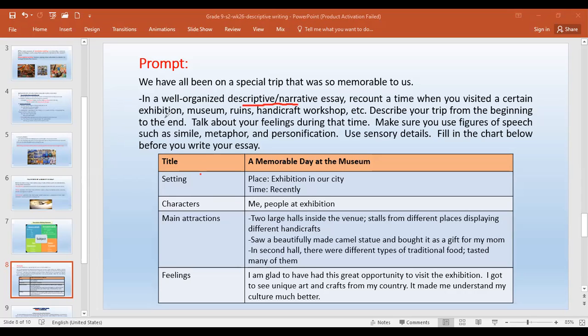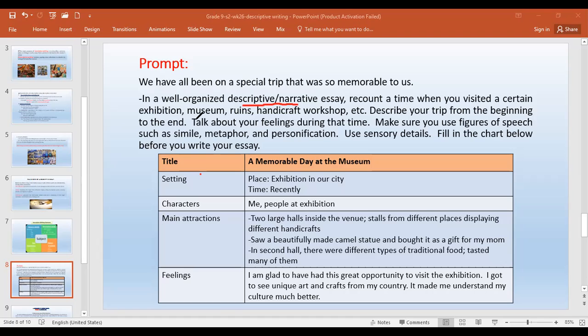Exhibition, you know all those special fairs you go to. Sometimes they make an exhibition where you go see things and buy stuff, like a book exhibition or a handicraft exhibition. I'm sure all of you have been to those.